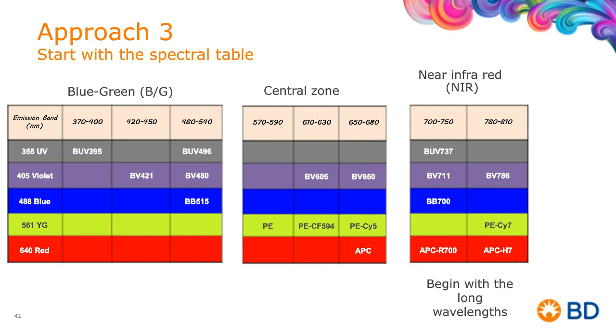Then what he does is he moves to the middle of that panel with the short wavelengths. Again, really good colors, still medium to high expression. So we're not going to have a lot of trouble.